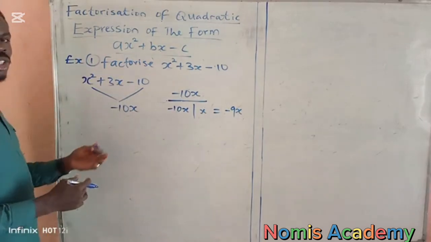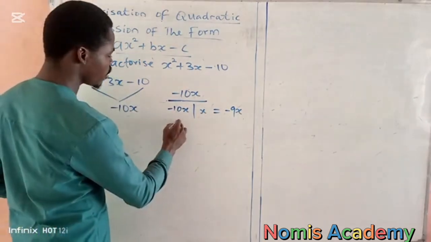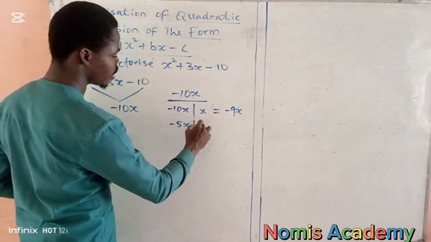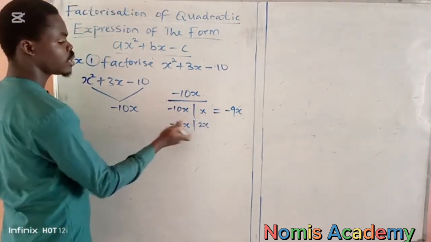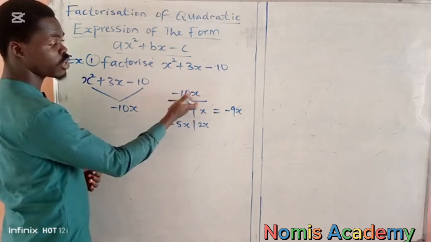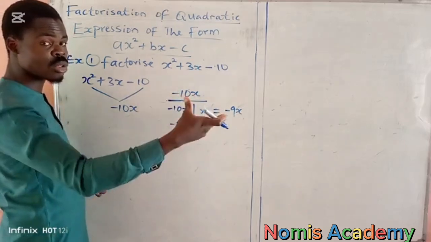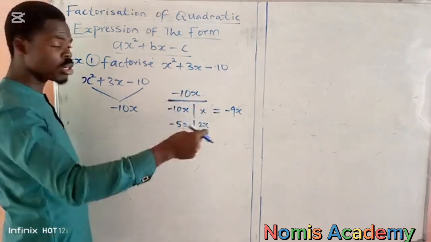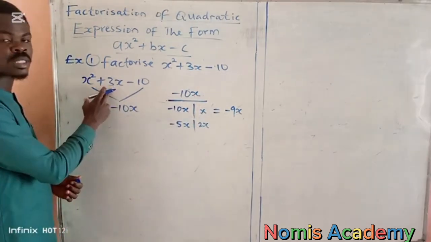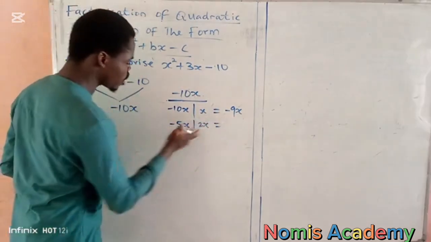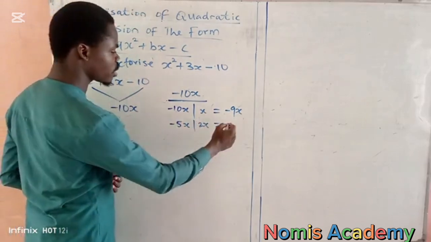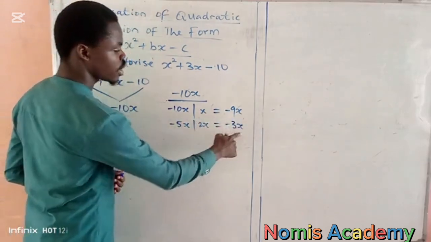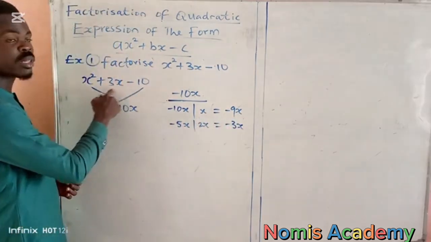We go further to the other factors, minus 5x and 2x. Remember, these factors, the product is minus 10x². So we want to get the sum. We want to know which of the sums will give us 3x. That is what we are looking for. So the sum of this, minus 5x and 2x, will give us minus 3x. Different from what we are looking for.